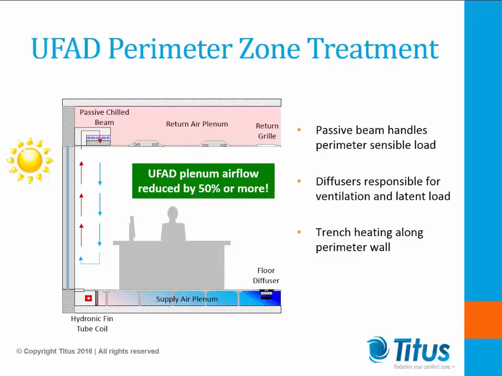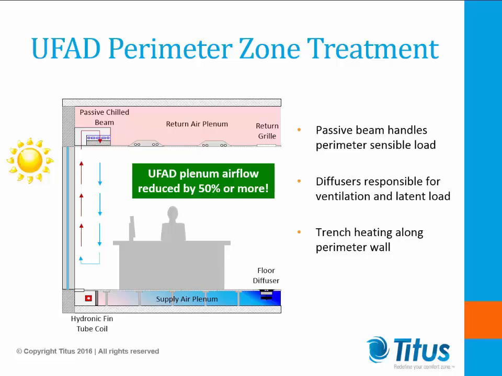The temperature of the air entering the coil is typically about 80 to 85 degrees Fahrenheit, which enhances the beam's heat removal capabilities by 40 to 50% over what it would be with 75 degree entering air. Passive beams used in this application may provide as much as 550 BTUs per hour of sensible cooling.